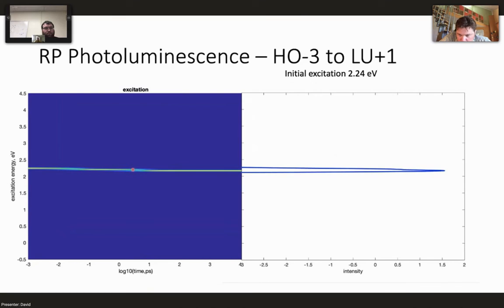Is that right? I'm not sure I'm doing that math right in my head today. We see a slight change going from about 2.25 eV down to about 2.2 eV.